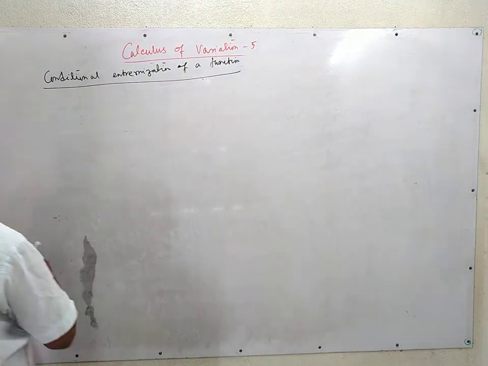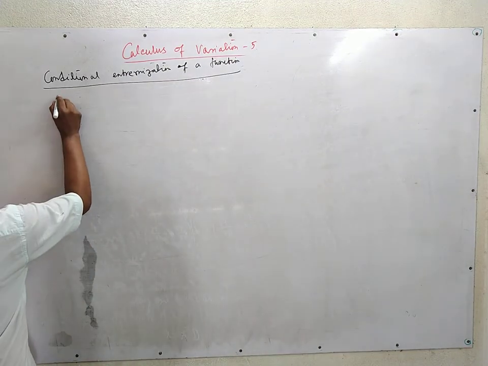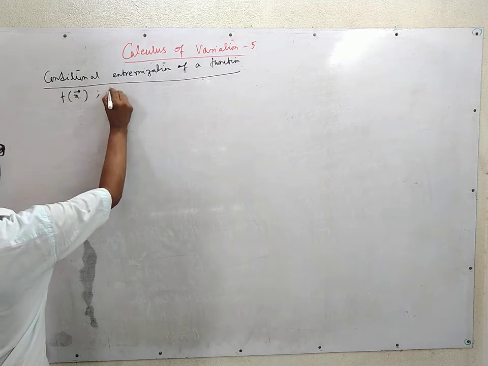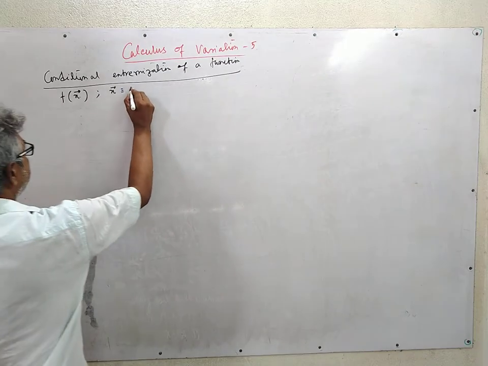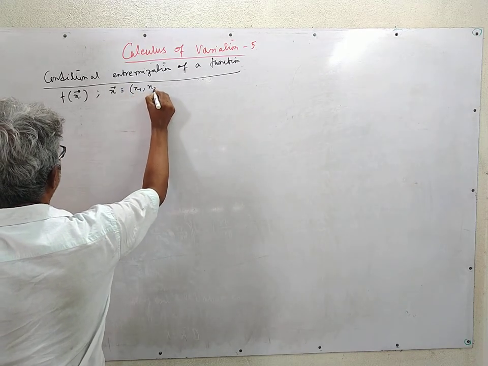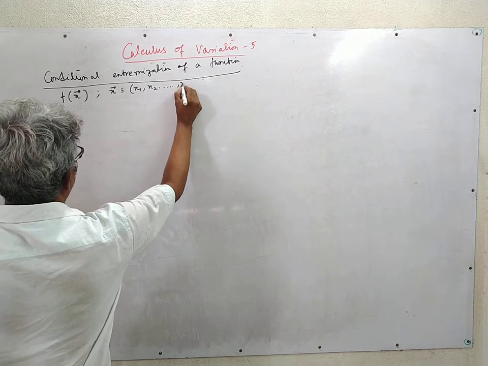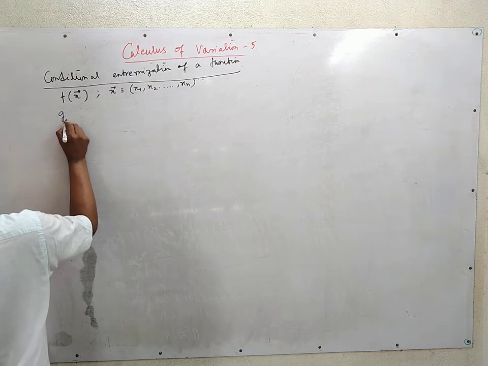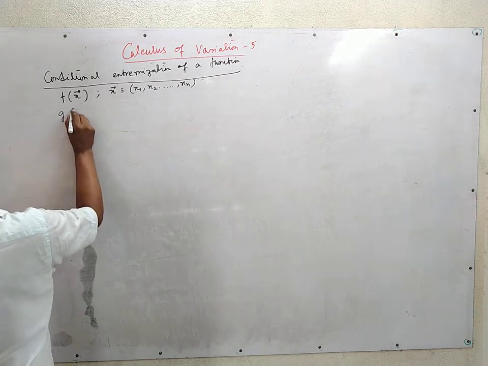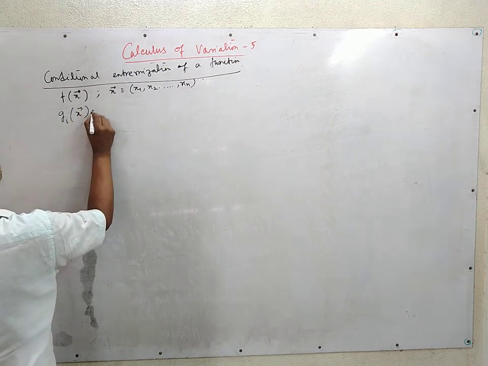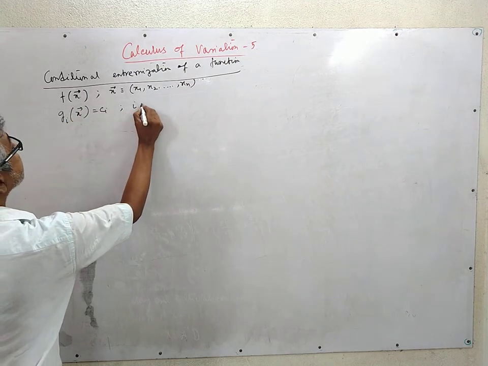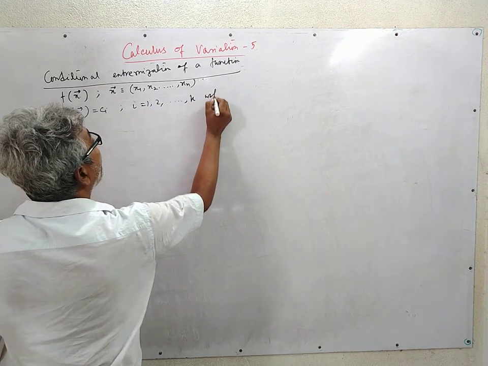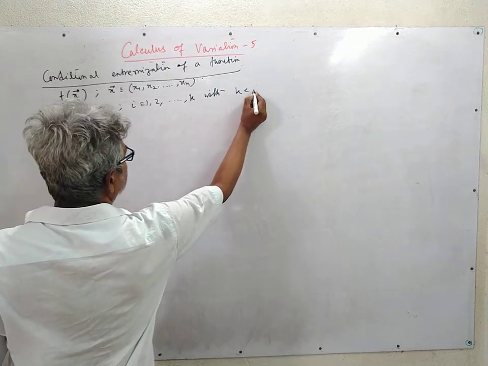So we have a function of x, where the vector x is, as we have done in the previous class, x1, x2 up to xn, and there are conditions gi, where i ranges from 1 up to k, with k less than n.